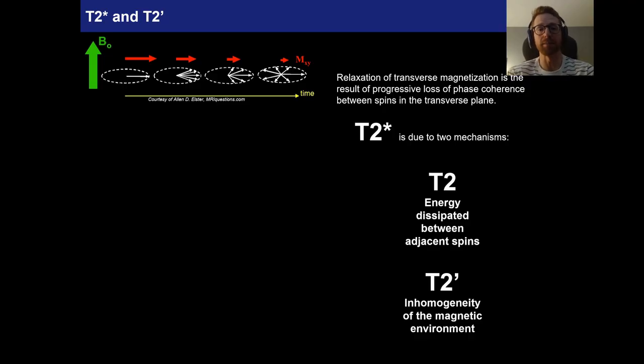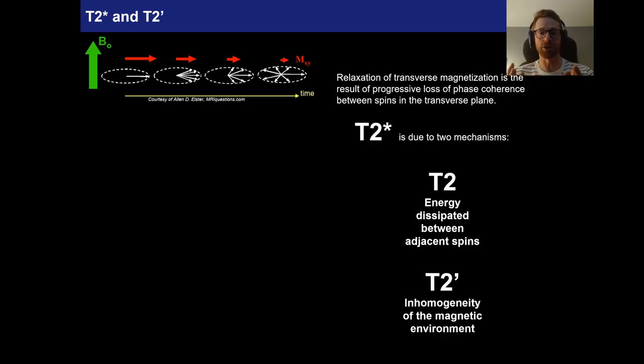If you look at a T2 weighted image, the fluid is going to be bright, assuming you don't suppress it with a FLAIR or something. So the reason for that is because it takes longer for the fluids to transfer energy between the adjacent spins because they're not stably positioned relative to each other. It takes a while before they're next to each other and they can exchange that energy. That's how I think about it, at least.